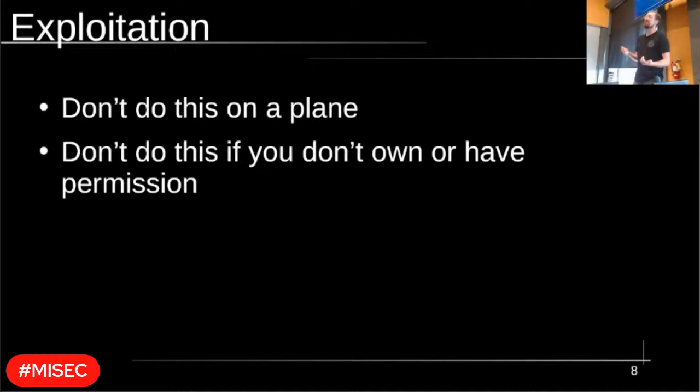This caused the plane to be landed early, and these people had to go talk to people in black suits. As far as I'm aware, it's still an ongoing, developing story, but it's most likely just some very excited kids who weren't thinking things through very well, deciding to play with their cool new toy in a place they really shouldn't have been. Don't do that, unless you really, really want to go talk to the feds.